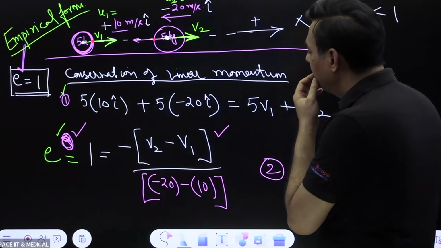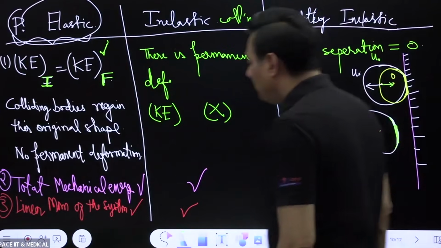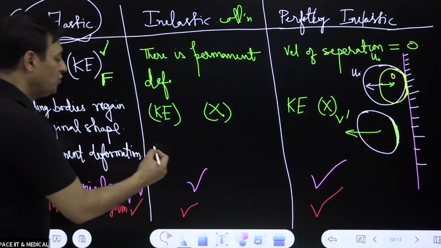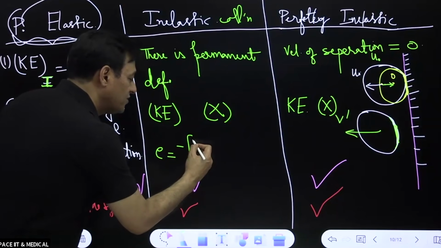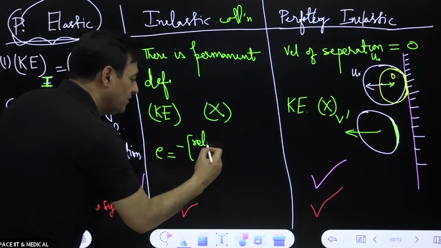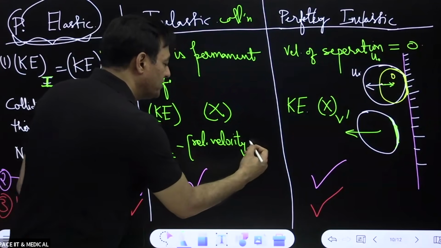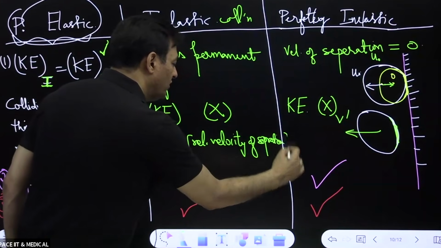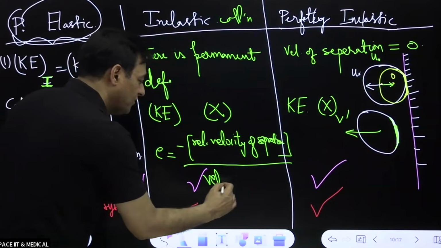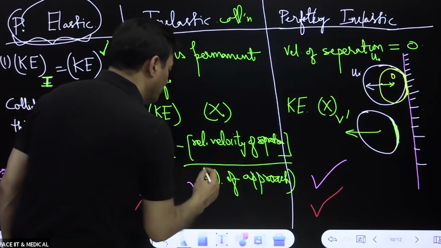Right now, in this table, every one of you should note down that E is equal to minus relative velocity of separation, relative velocity after collision, or velocity of separation, whatever you write, upon velocity of approach. Basically, it's relative velocity after collision and relative velocity before collision.